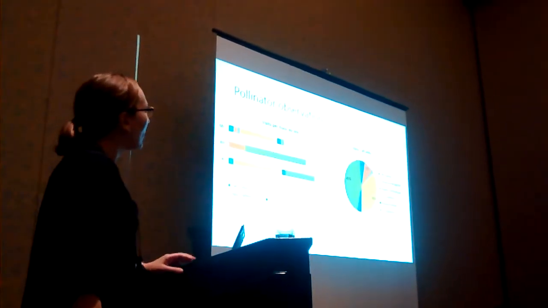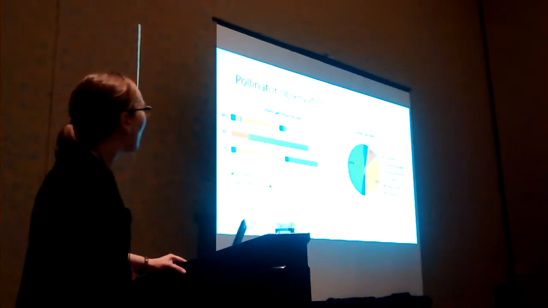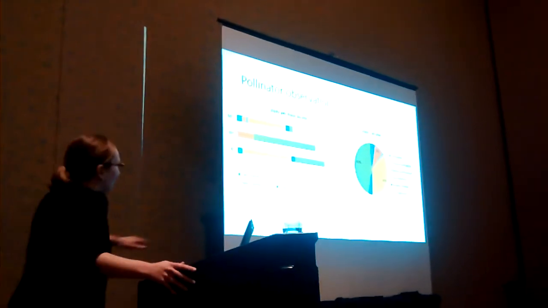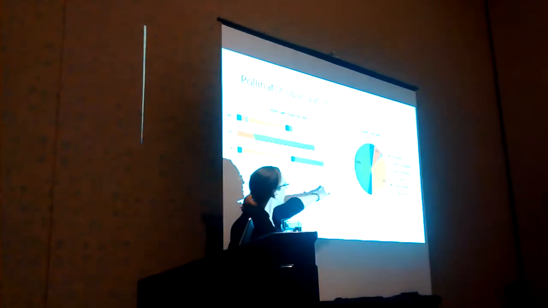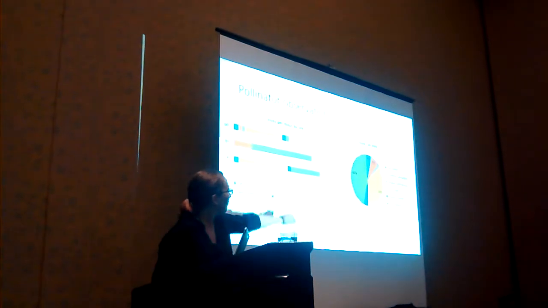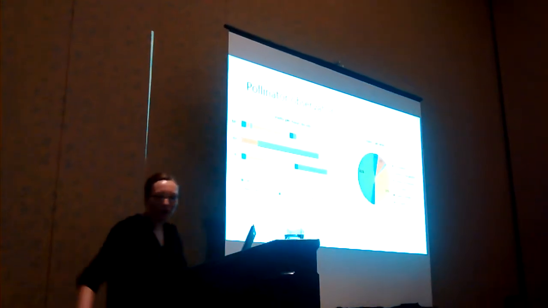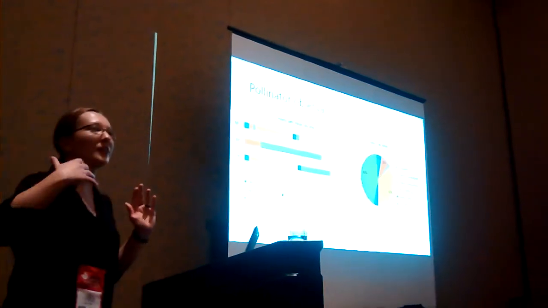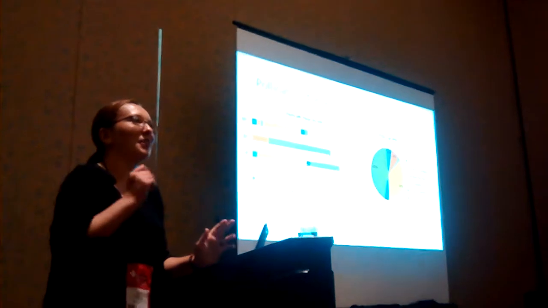Okay, and then just real quick, our pollinator observations. We had some diversity. Here are our Hylaeus, our yellow-faced bees. We have female, and then the males. The females are distinct here because they're all black, and it's very difficult to tell which species of Hylaeus they are in the field.